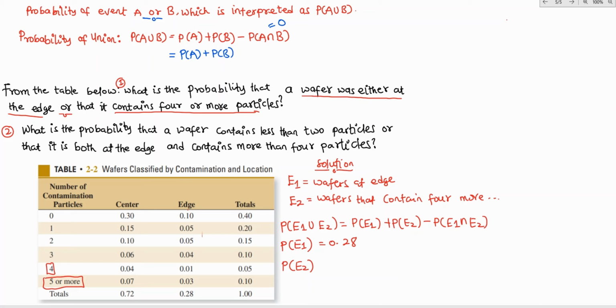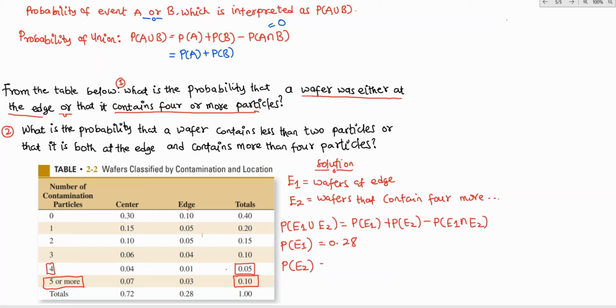We are looking at the probability that a wafer contains four or more particles. So if a wafer contains four particles, this will be the total probability, and if a wafer contains five or more particles, this becomes the total probability. Since we're looking at four or more particles, you have to sum up these two probabilities.